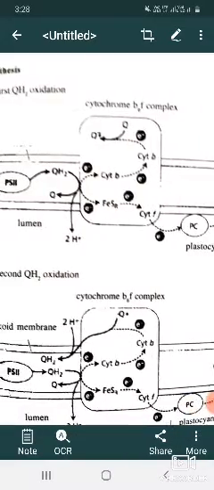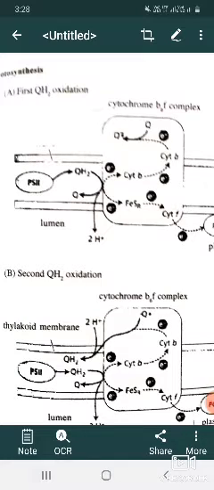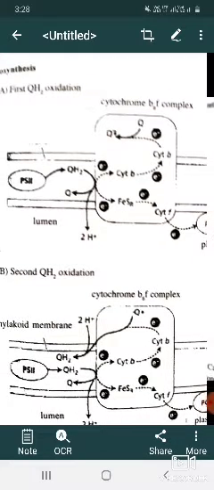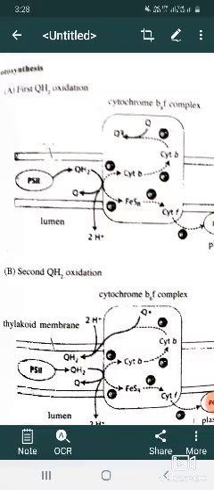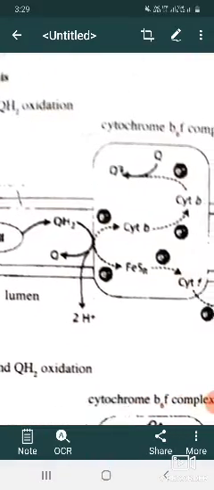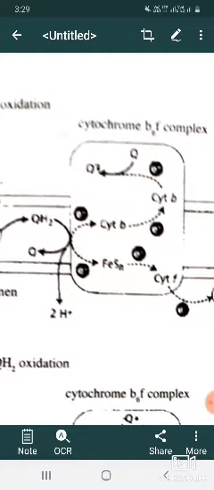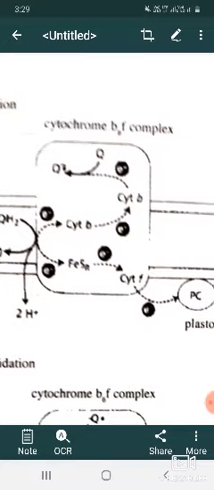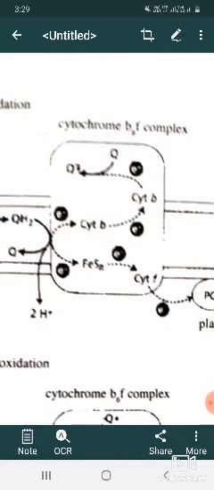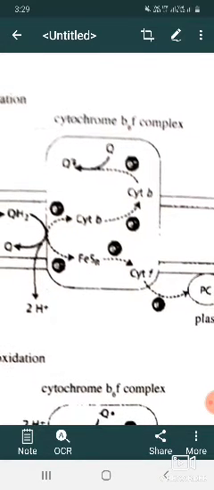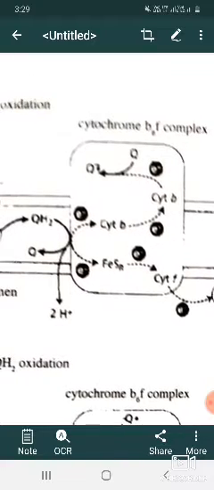The cytochrome b6f complex consists of 2 cytochrome b type molecules, 1 cytochrome c, 1 iron sulfur protein and 2 quinone oxidation reduction sites.